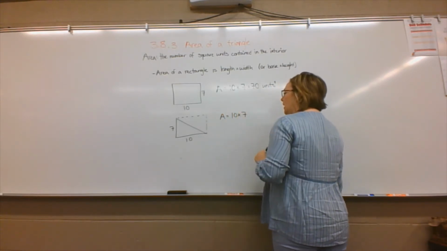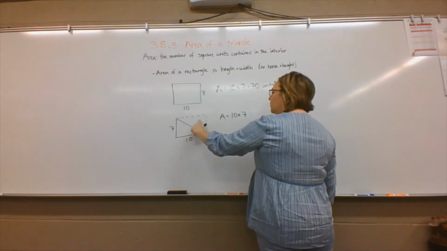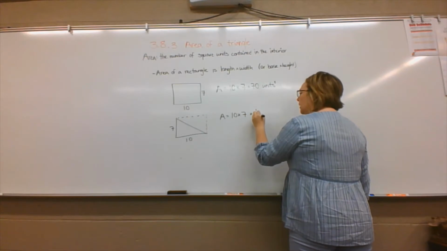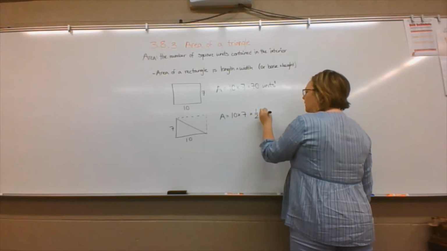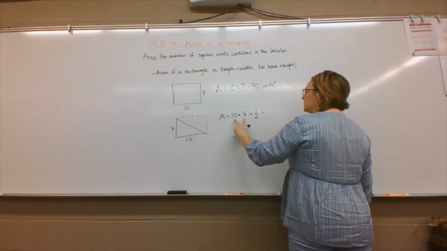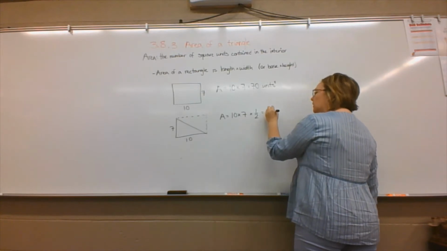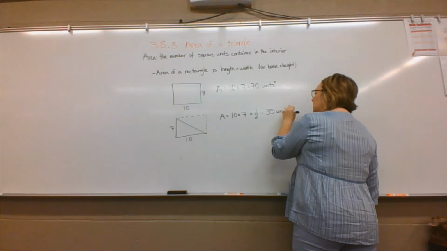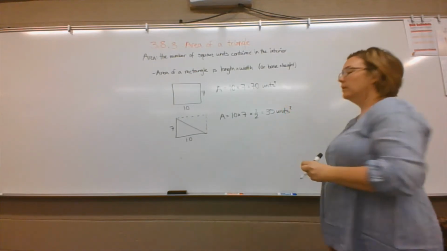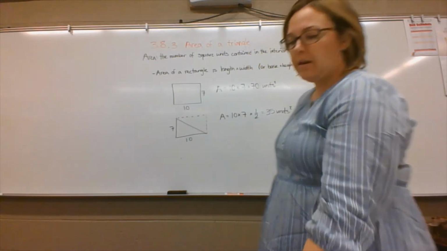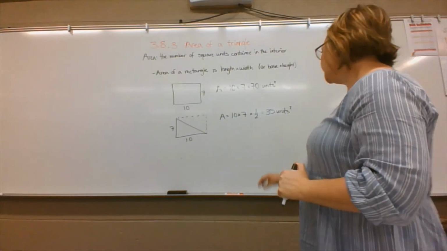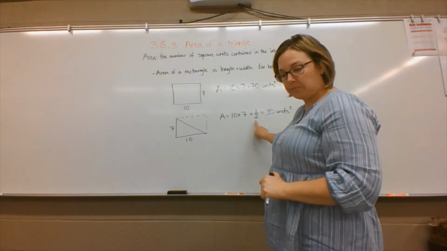That's base times height. But it's not the full rectangle, it is only half of it. So we also need to multiply it by 1/2. That would give us 70 times 1/2 is 35 units squared. So the area of a triangle is the base times height times 1/2.